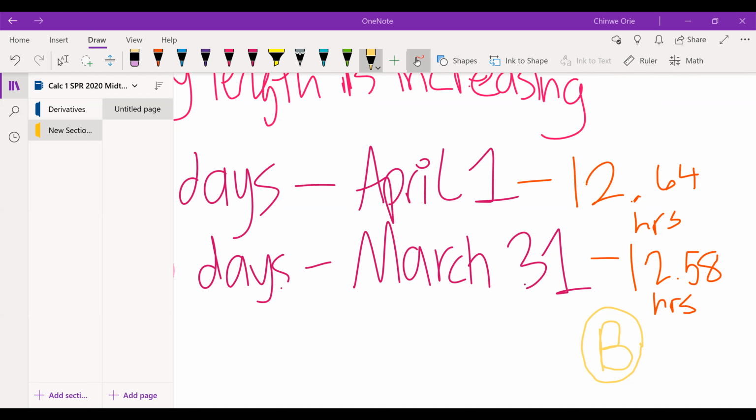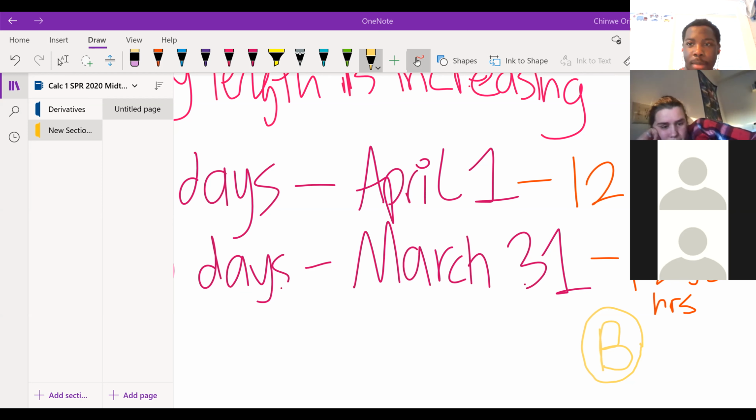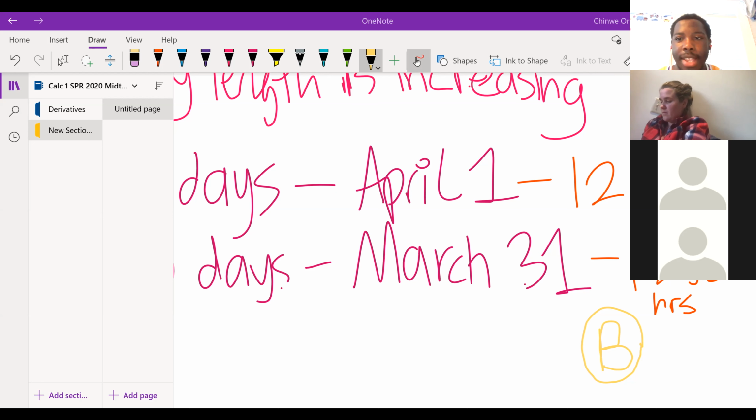Is t a constant or a variable? T is a variable. The mistake you could make if you plugged in t immediately is that you may think t is a constant and solve it that way, which would be wrong.